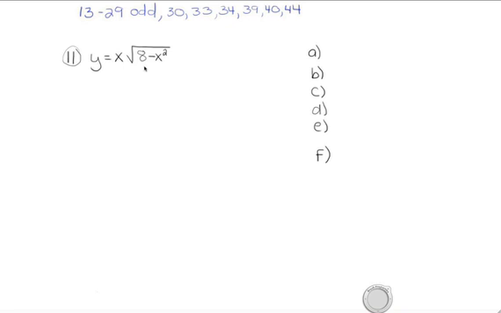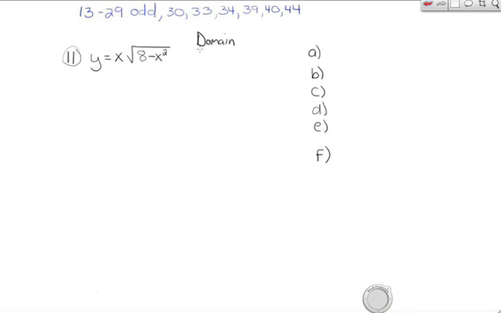And for the same reason I suspect that, it reminds me I should probably think about the domain of this function. So let's think about that. I know I cannot take the square root of a negative number. And clearly if x is big enough, we're going to get 8 minus a large number, and we'll be well into the negatives.